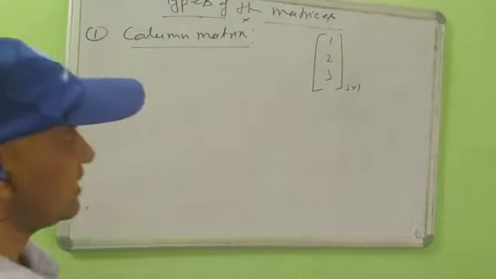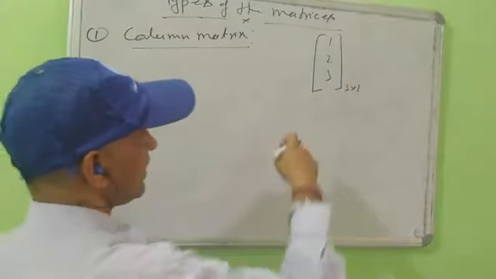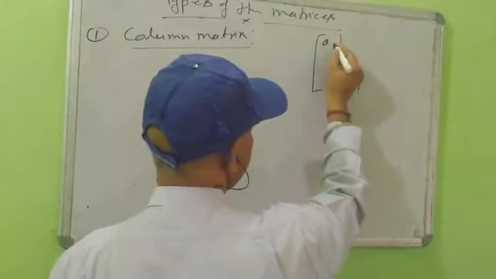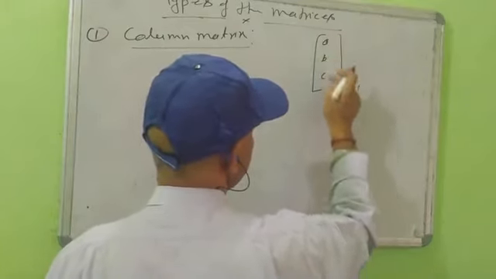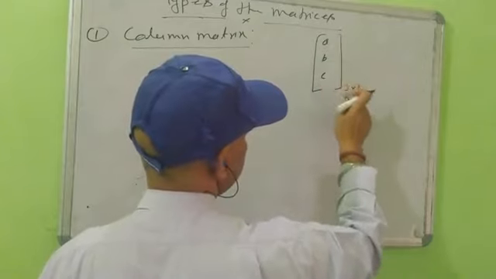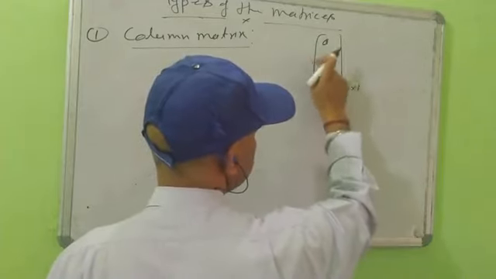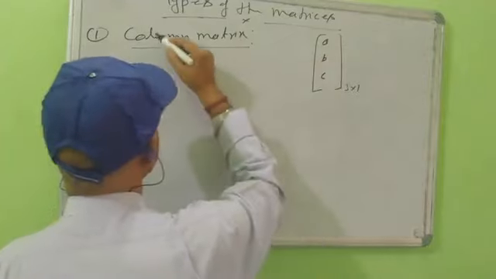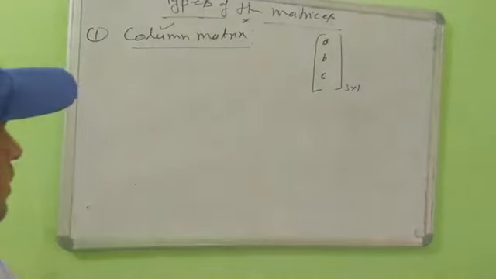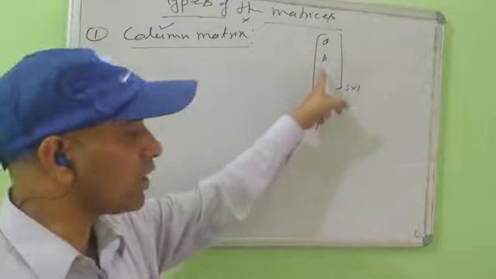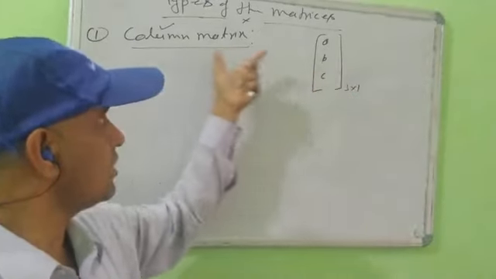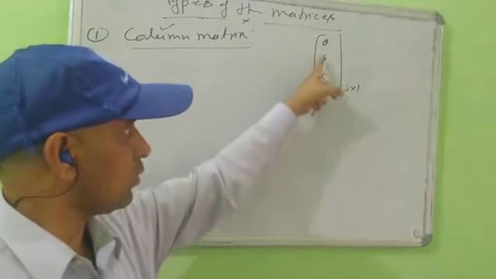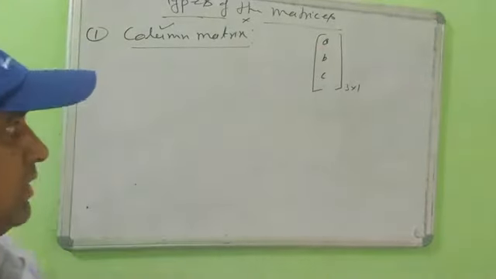Suppose you write the elements A, B, C. How many elements are there? 3 elements, in three rows but only one column. A matrix having only one column is called a column matrix. Is it clear?